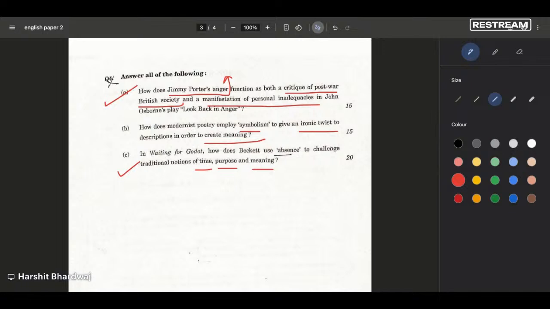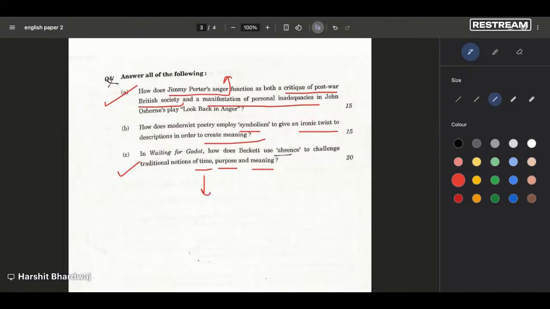is accepting the idea of meaninglessness. So man's search for meaning, Albert Camus, the French philosopher and author, said the search for meaning is an absurd idea. So in Waiting for Godot, Samuel Beckett, the entire play, the way it is written and produced, there is an absence of the linearity and chronology of time.